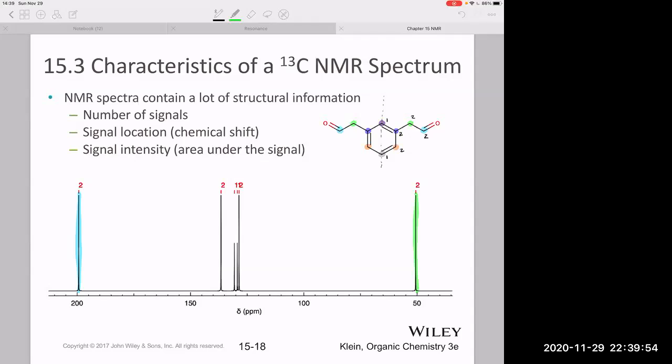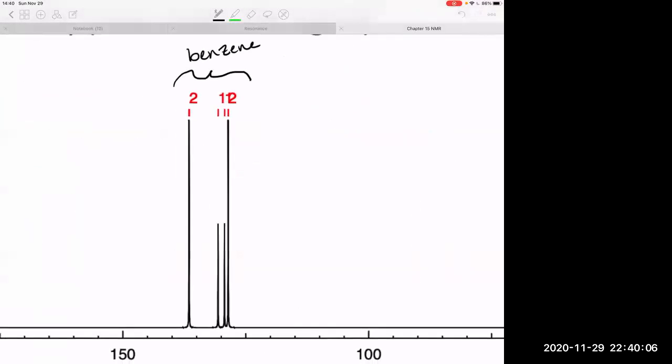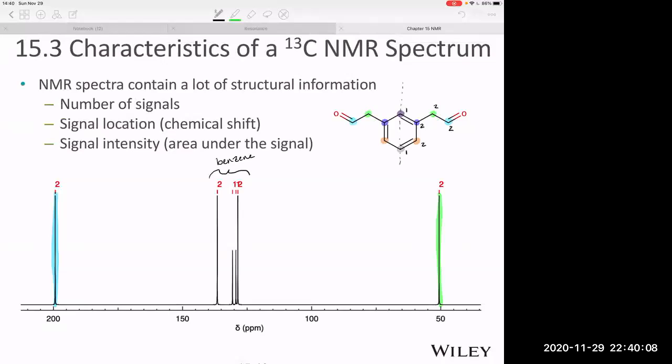Okay. In here, we can't necessarily assign these carbons uniquely, other than to say that these are our benzene carbons. And we do know that these half-height carbons here will correspond to either the purple or the gray, right? So the ones that are an integration of 1 compared to the blue and the orange, which are an integration of 2.